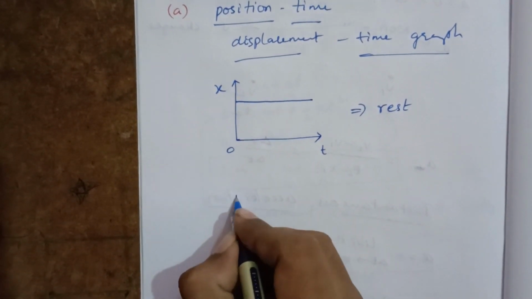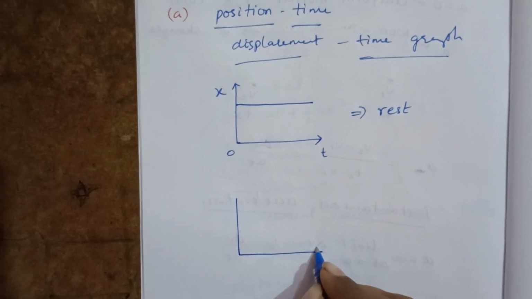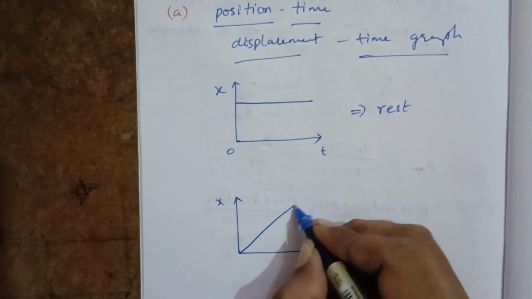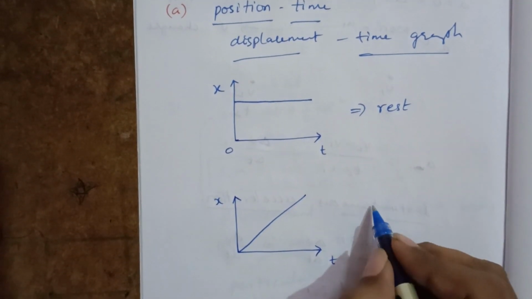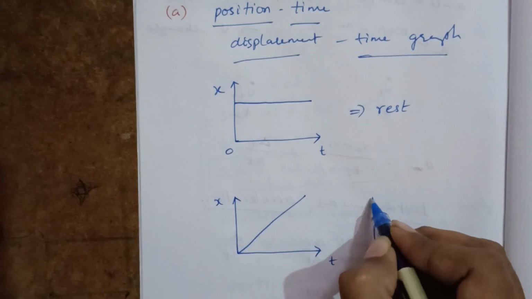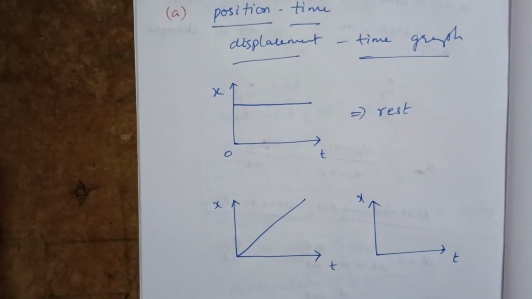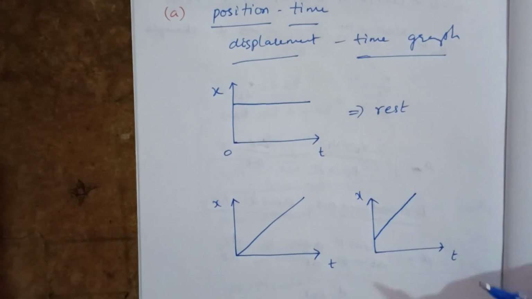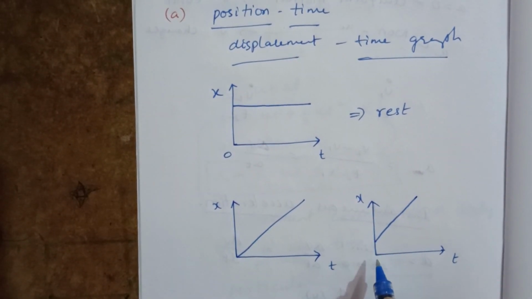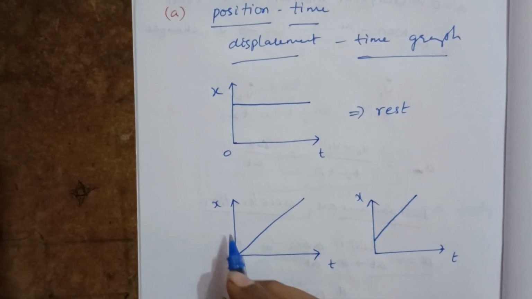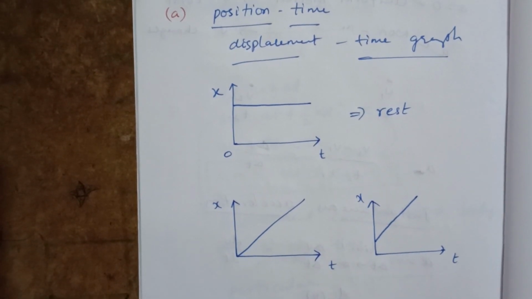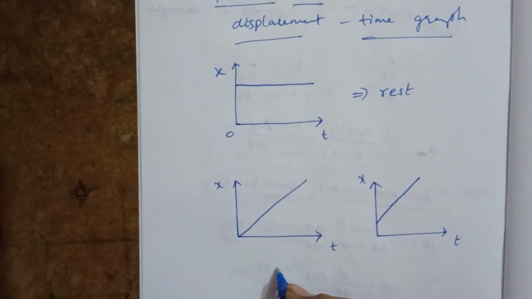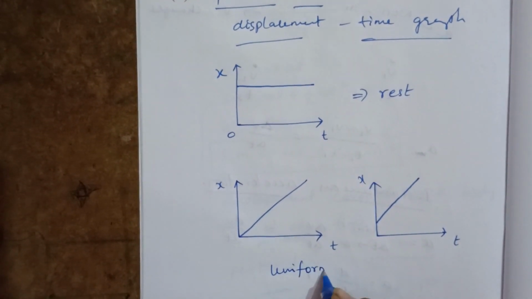Next, the same position time graph, a straight line passing through the origin, or through some other point, like this. Equal displacement in equal intervals of time. So this is known as a body moving with uniform motion.